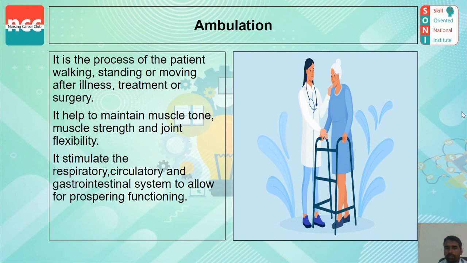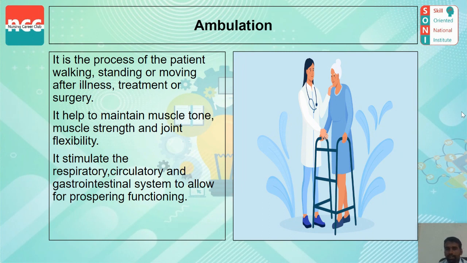It helps to maintain muscle tone, muscle strength, and joint flexibility. Ambulation helps the patient improve their muscles and joint flexibility, so their joints can work flexibly.